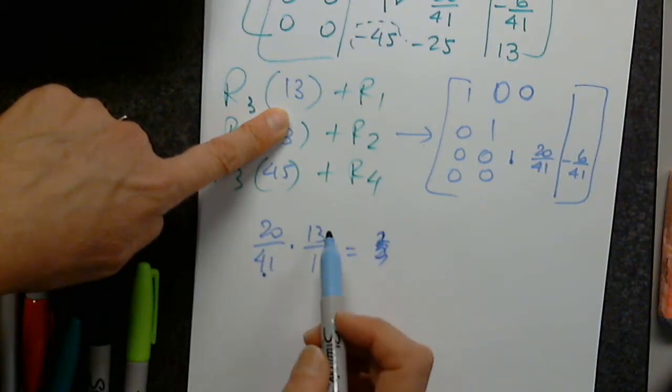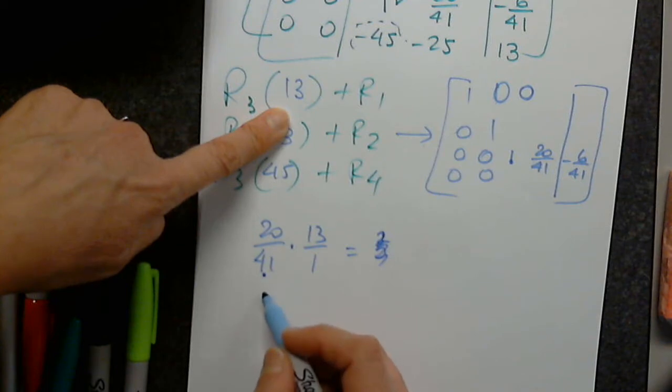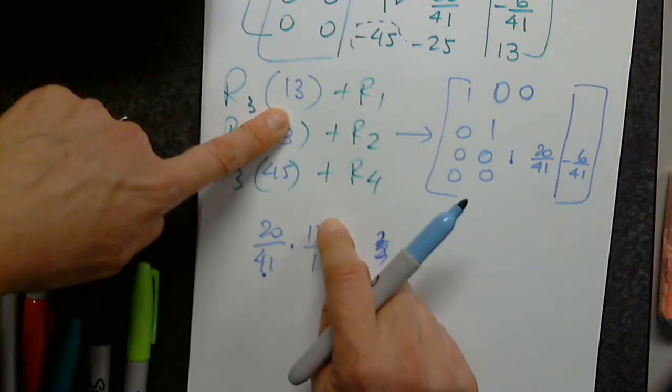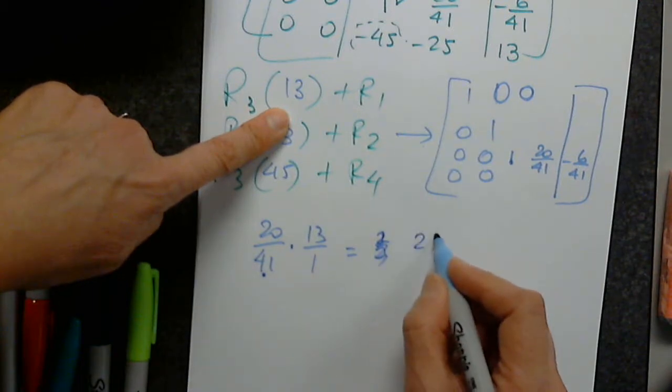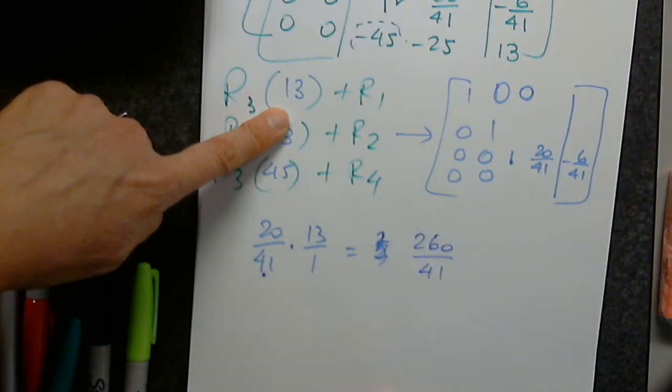I know, I was trying to see if I can simplify. I will never multiply a top with the bottom. So this is 260 divided by 41.